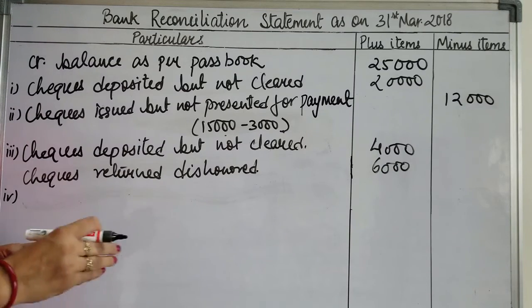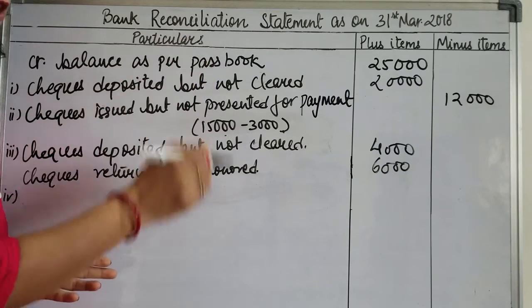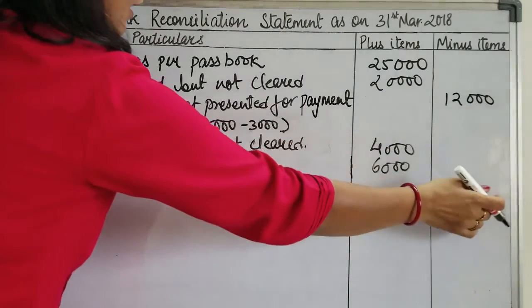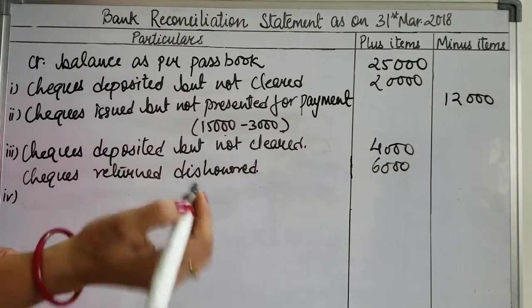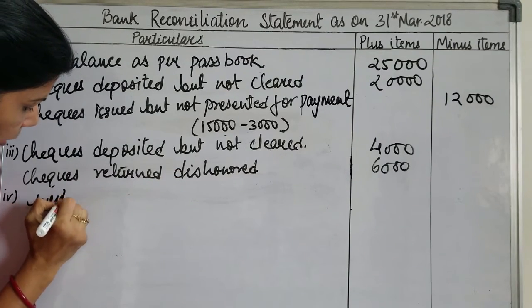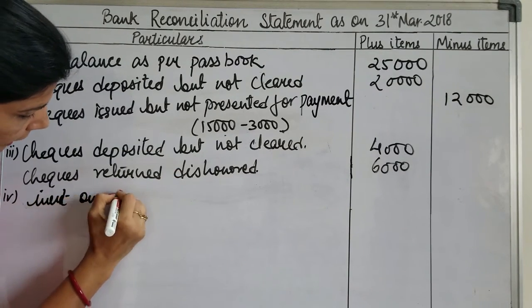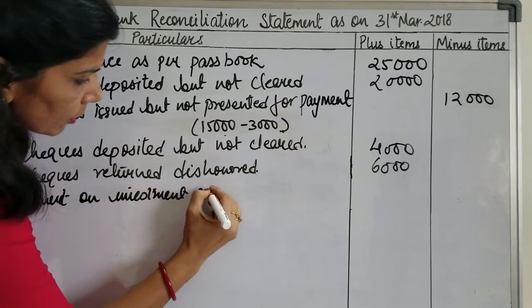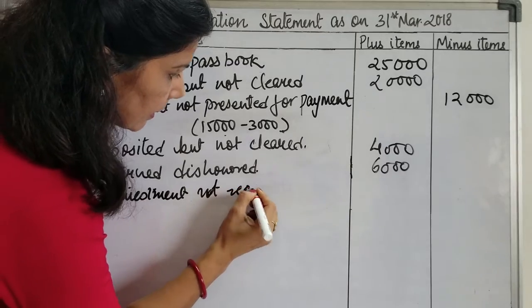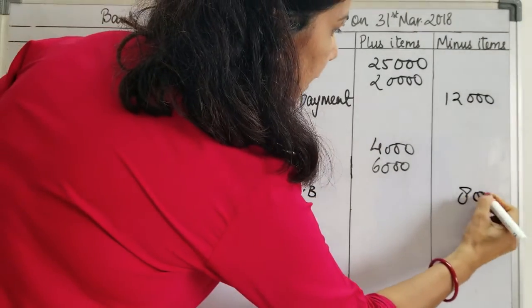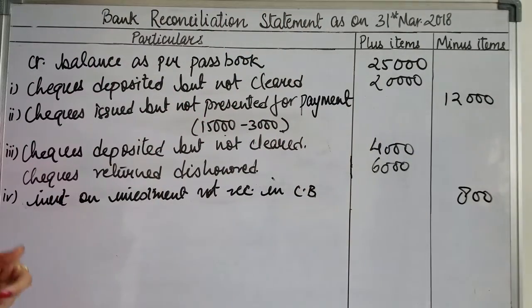To bring the balance of passbook equal to the balance of cash book, this amount will be recorded here in the minus items column and it will be deducted. So we'll make the entry as interest on investment not recorded in cash book, amount rupees 800, in this minus items column.